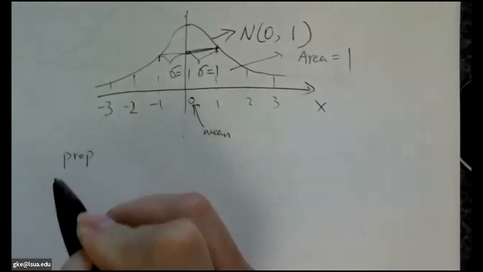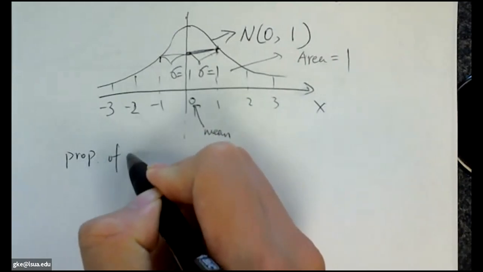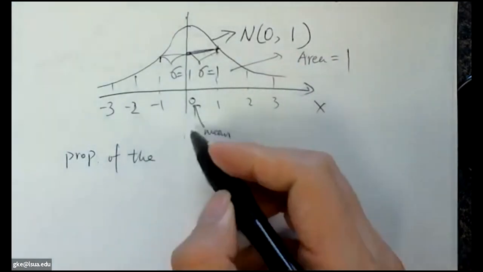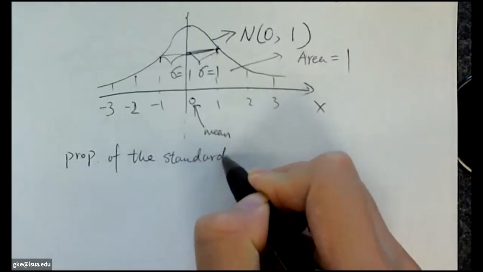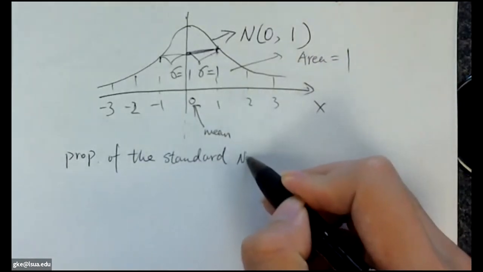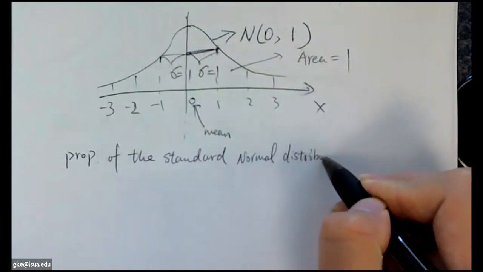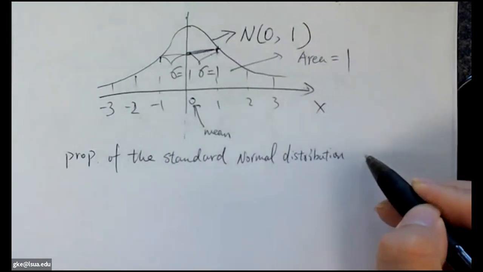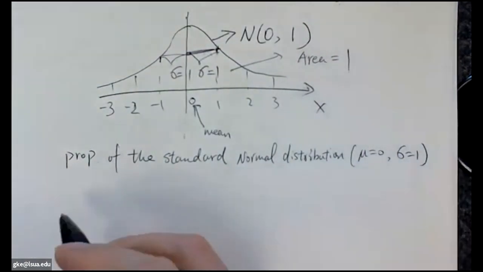Properties of the standard normal distribution. Mu equals 0, sigma equals 1.